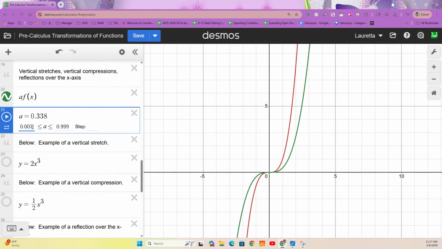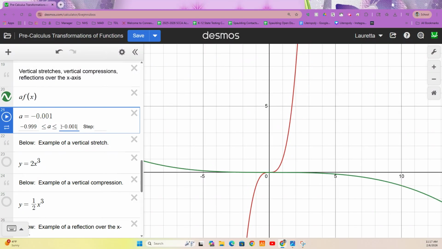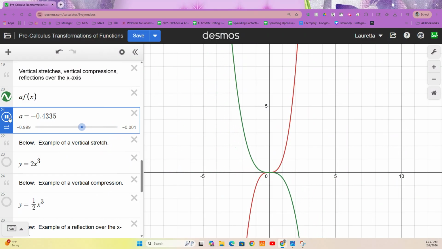I can also do the same thing, where the absolute value of a is greater than 0 and less than 1. So I'm going to go from negative 0.999 to negative 0.001. So we have a reflection over the x-axis as well as a vertical compression.